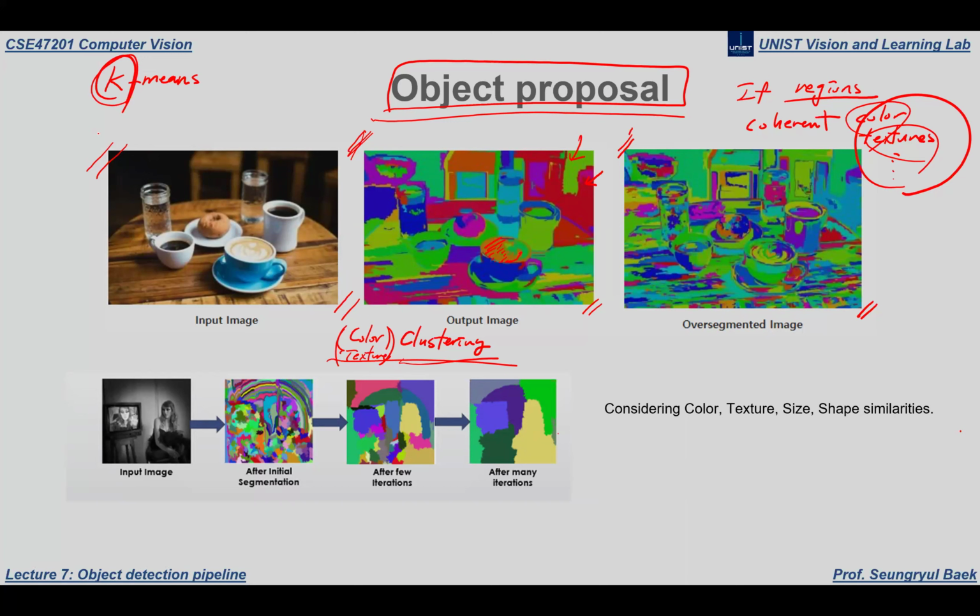So when applying this type of clustering, they make multi-dimensional clustering results. Here is the cluster map that is obtained coarsely, and here you are seeing the segmentation map, the clustering map, which is densely obtained.